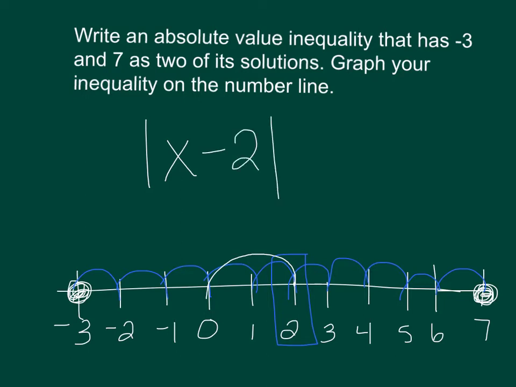Then that has to be less than or equal to the distance from the midpoint to 7 or -3. That distance would be 1, 2, 3, 4, 5. So the absolute value of x minus 2 has to be less than or equal to 5. And here's your inequality.